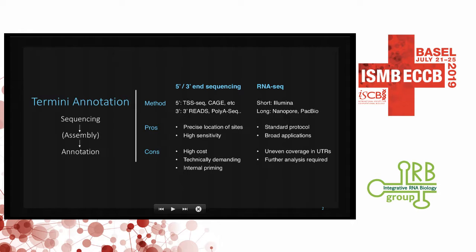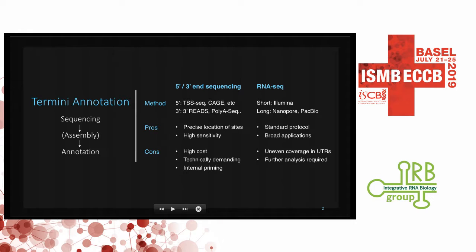On the other hand, RNA-seq, regardless of whether it's short read sequencing like Illumina or long read sequencing like PacBio and Oxford Nanopore, has very broad applications other than simply terminus annotation. They can also be applied for transcriptome and differential expression analysis.